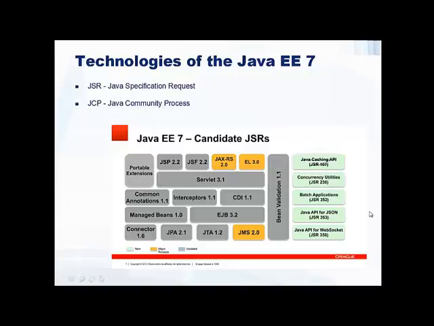A new specification is the Java API for JSON. JSON is a way of defining and exchanging data. And there is the Java API for WebSocket. Don't worry, in the next sessions we will address any major specification in this technology stack.